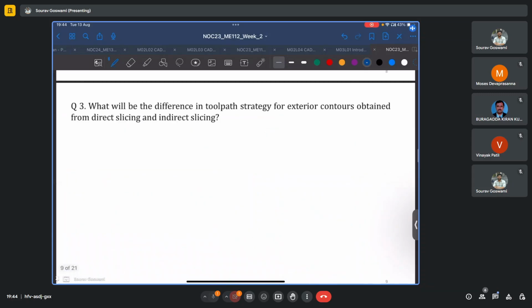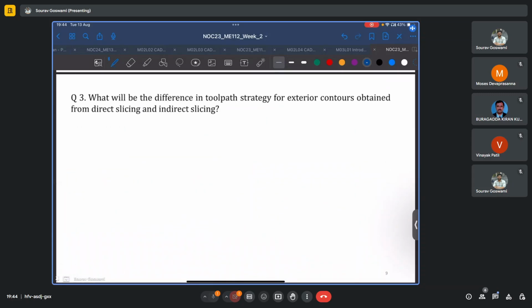So how will the toolpath change? This was also discussed by Professor Kapil in the lectures. So for the case of indirect slicing, we first find the intersection points of the slicing planes and the tessellated triangles.